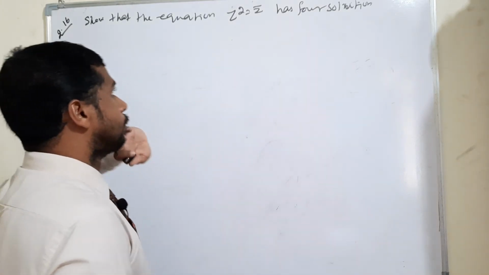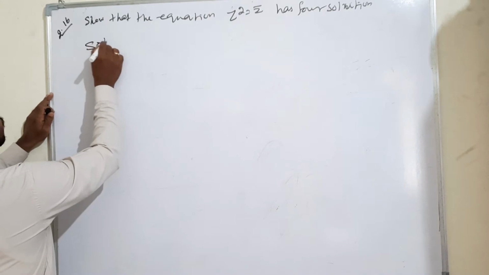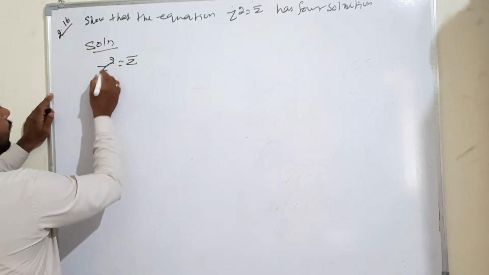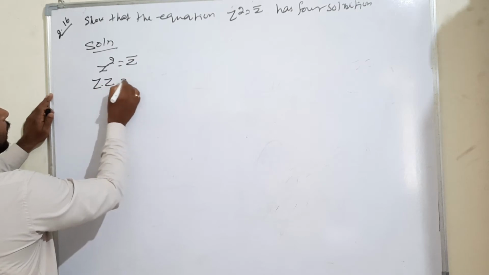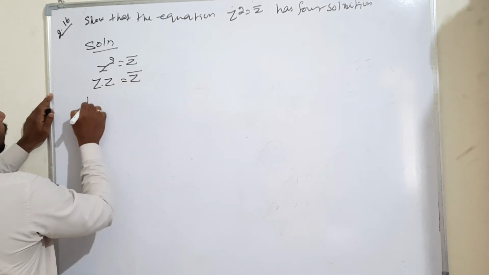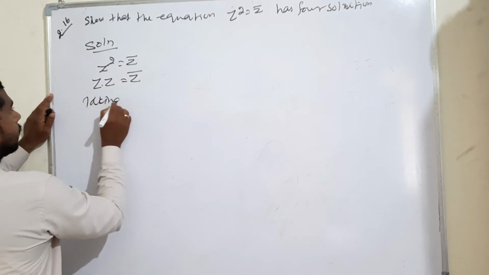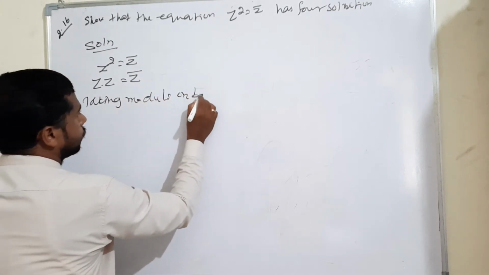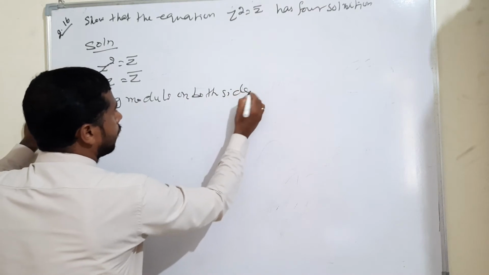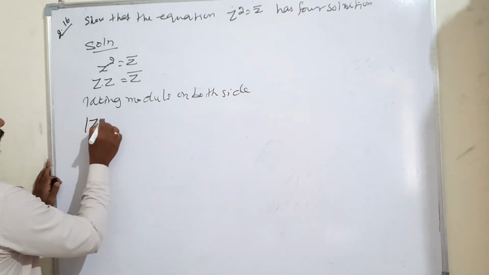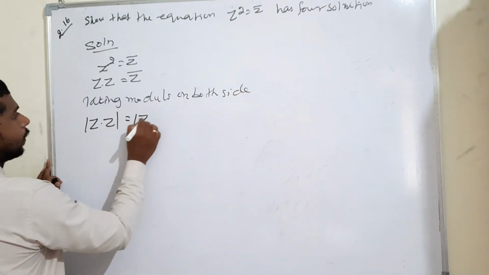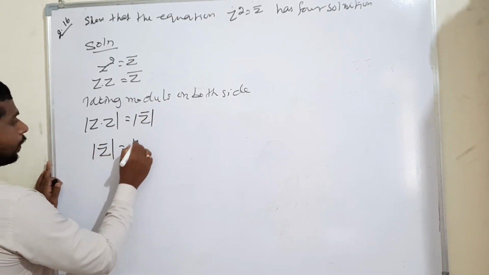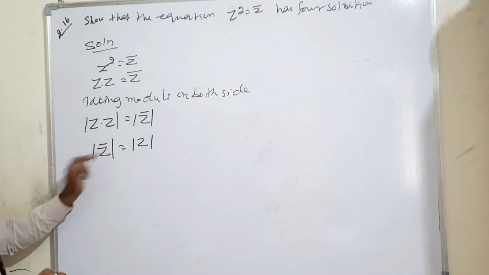Okay, so for the solution, the given condition is Z square is equal to Z bar. What is the meaning of Z square? Z into Z is equal to Z bar. Taking modulus on both sides, what will happen? Modulus of Z into Z is equal to modulus of Z bar. Already we know one property, modulus of Z bar, we can write without bar, isn't it?